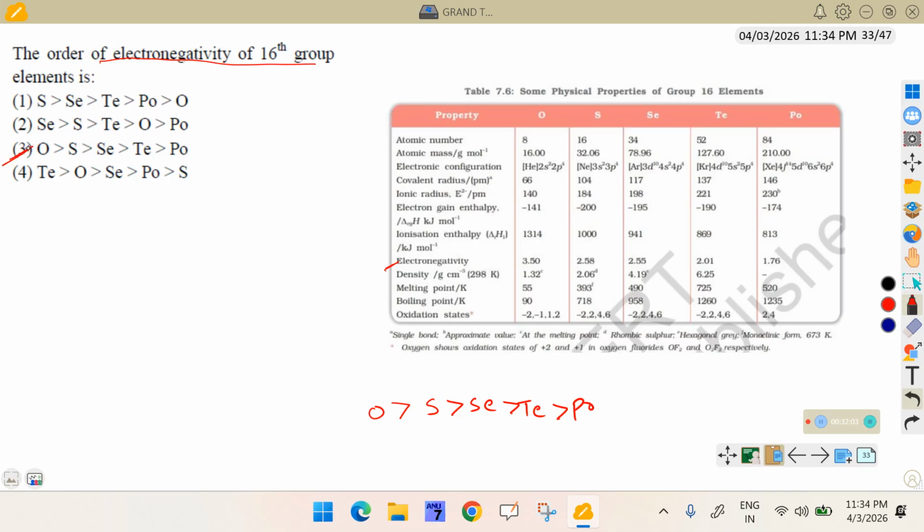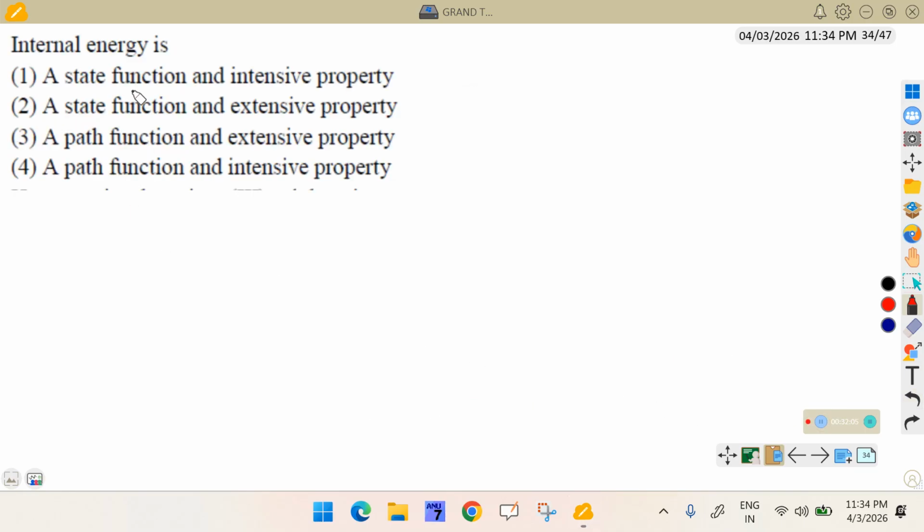Third option. Internal energy is a state function because delta E is equal to E_P minus E_R, the difference, and it is an extensive property because internal energy depends on mass, depends on quantity.